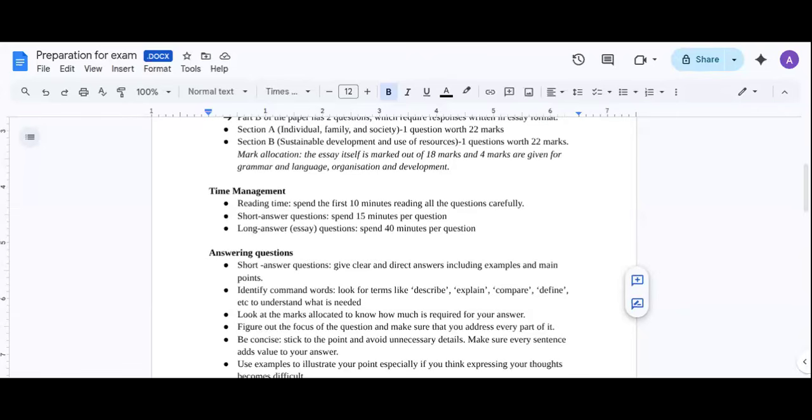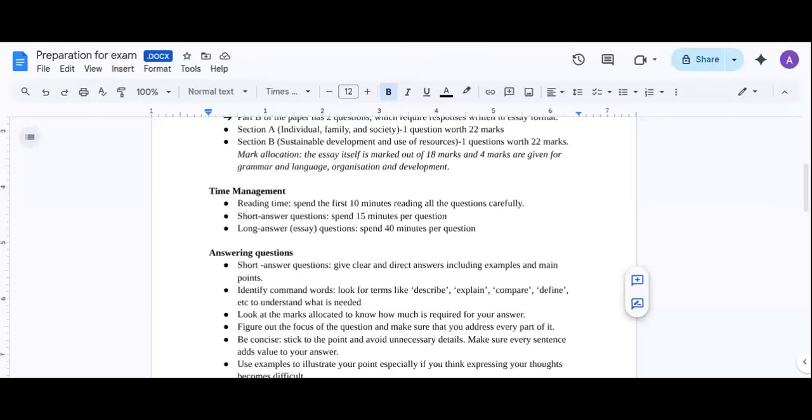So that will take us to the 150 minutes of the paper. So the 10 minutes to read, the 60 minutes to answer the short answer questions, and the 40 minutes per question.